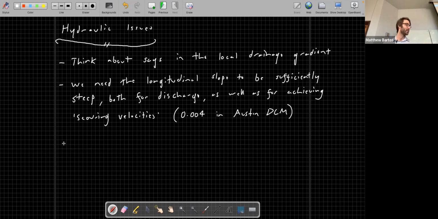So another hydraulic issue is kind of a trade-off. You'll generally get more flow in steeper angled gutters. When the lateral slope of your gutter is steeper, you'll get a larger discharge for a given spread.